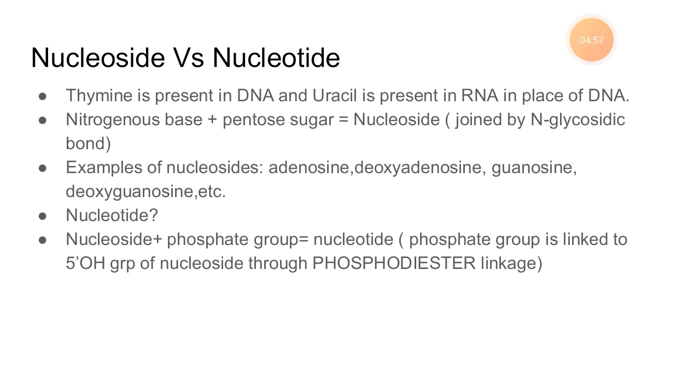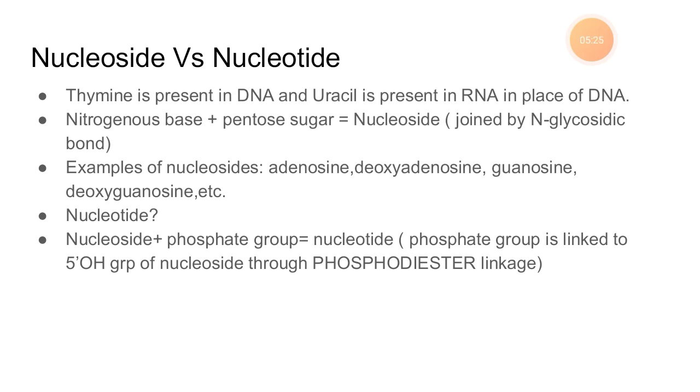So what are a nucleoside and a nucleotide? When a nitrogenous base, as we have discussed, is joined with only a pentose sugar, it forms a structure called a nucleoside, and the nitrogenous base and the pentose sugar are joined by an N-glycosidic linkage. Some examples of nucleosides are adenosine, deoxyadenosine, guanosine, and deoxyguanosine, respectively.